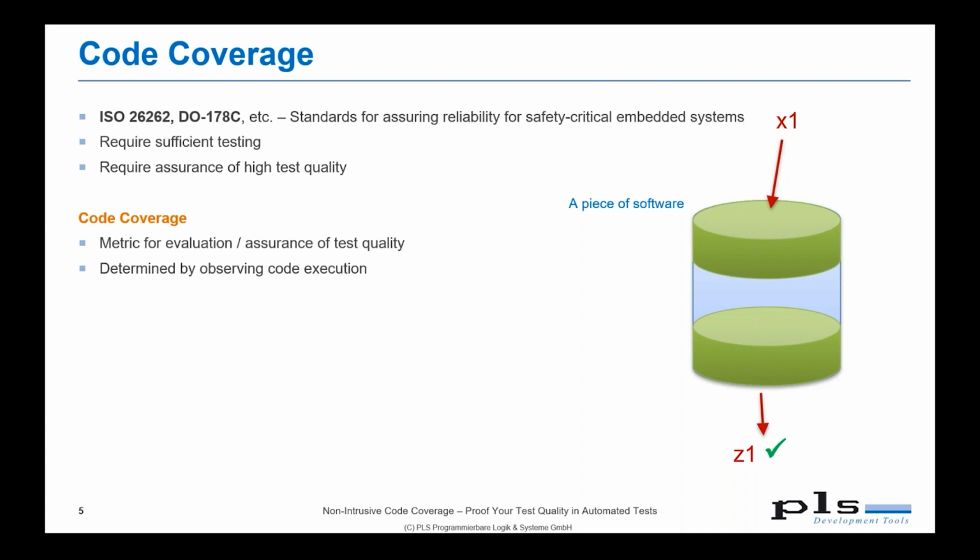There is still code that was not executed during the test. But the code coverage requires that you execute the whole software here, and you need a second test case, for example. And you see here, there is still code not executed, so you need a third one to get a 100% code coverage during your test.